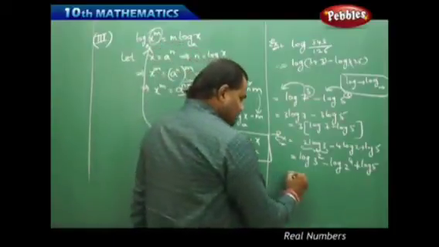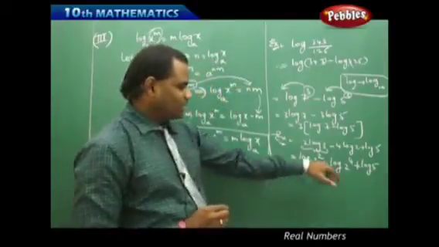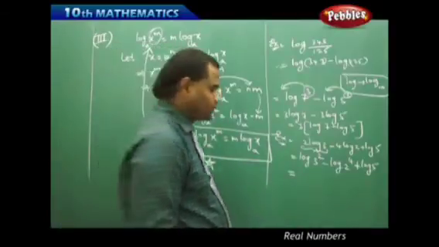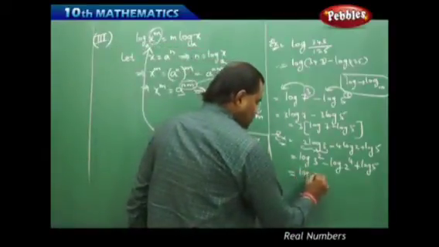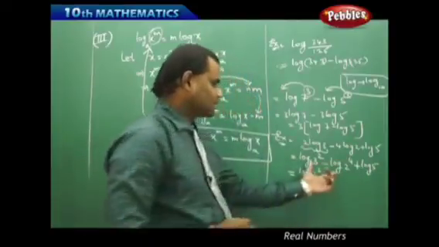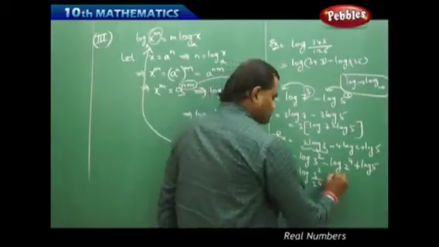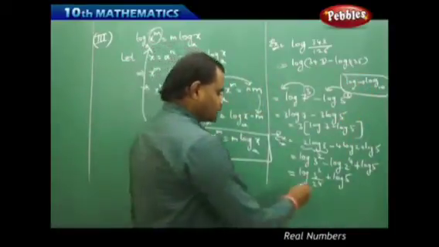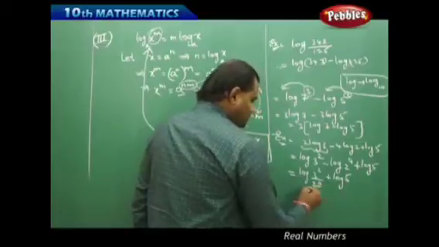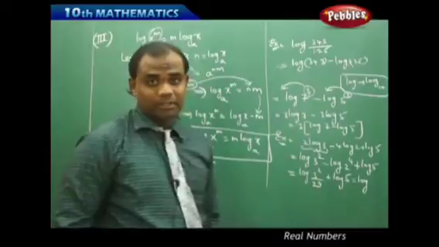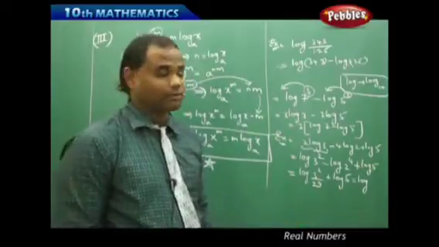Now this clearly makes me understand that log a minus log b is log a by b, the second law of logarithm. Therefore this can be written as 3 square by 2 power 4 using the second law of logarithm, plus log 5 remains the same. So when I further simplify this, I get log a plus log b as log ab, the first law of logarithm.